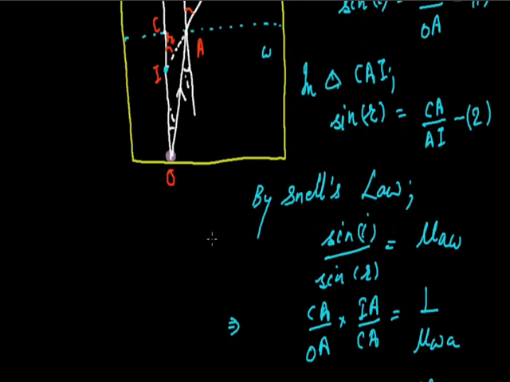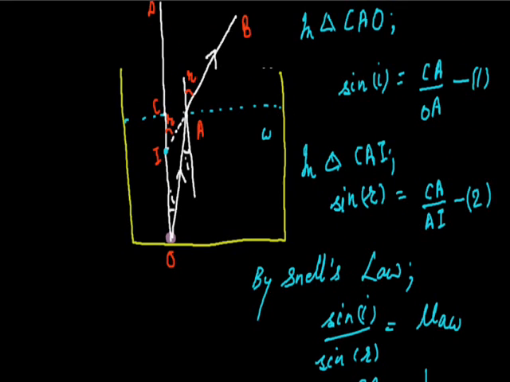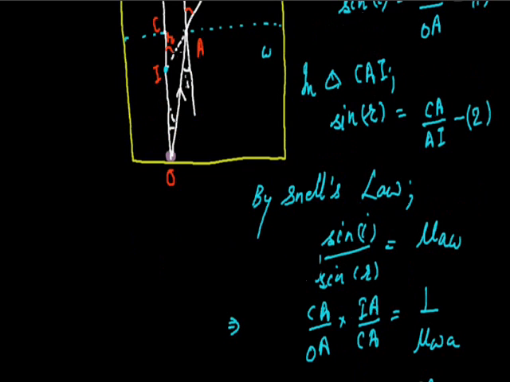Now, if we observe this diagram, and compare point O and point A with OC, we can say that C and A are very close points.